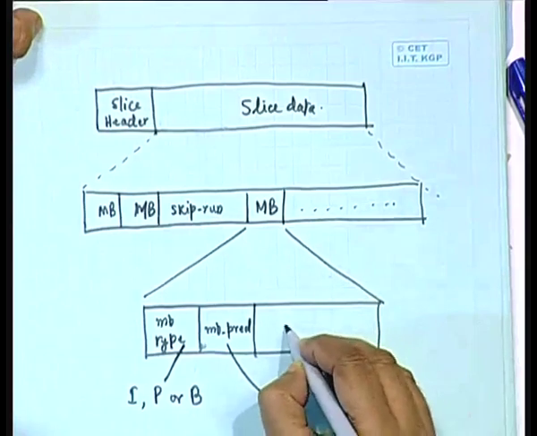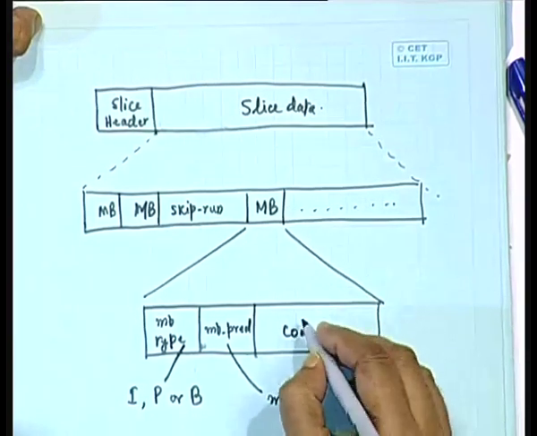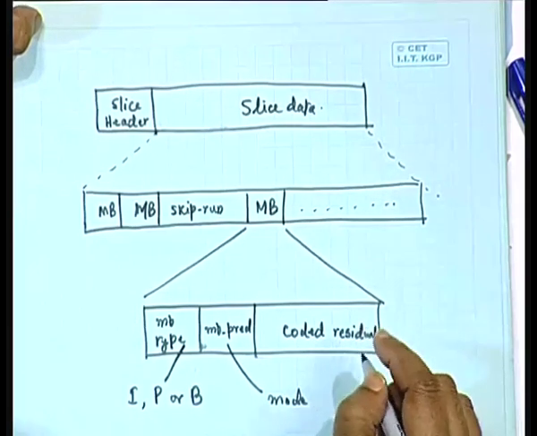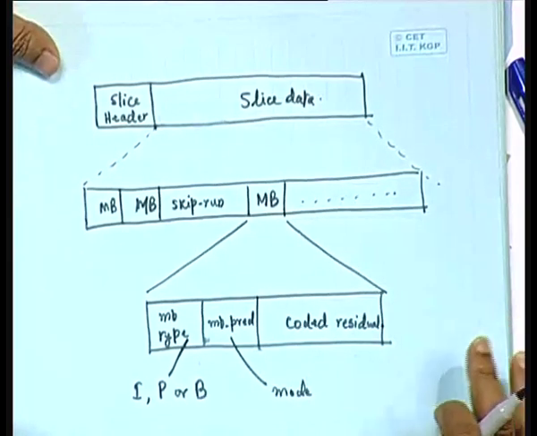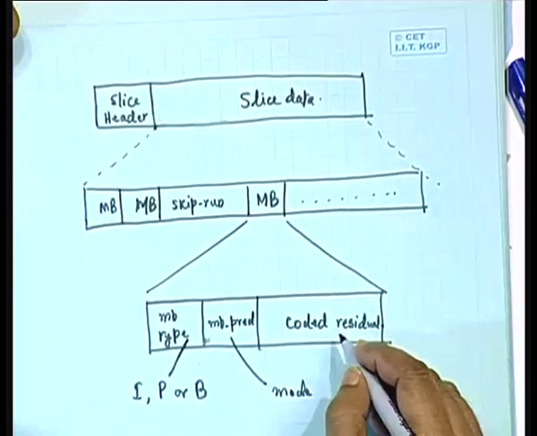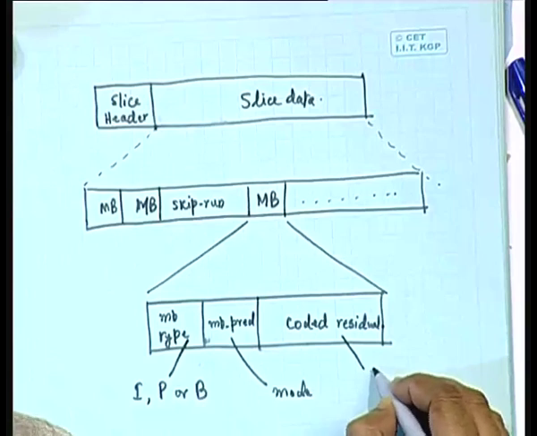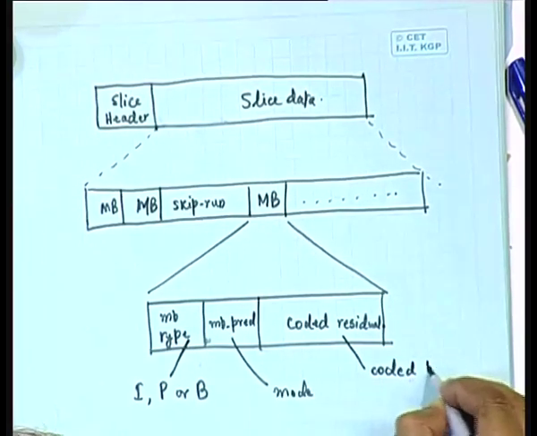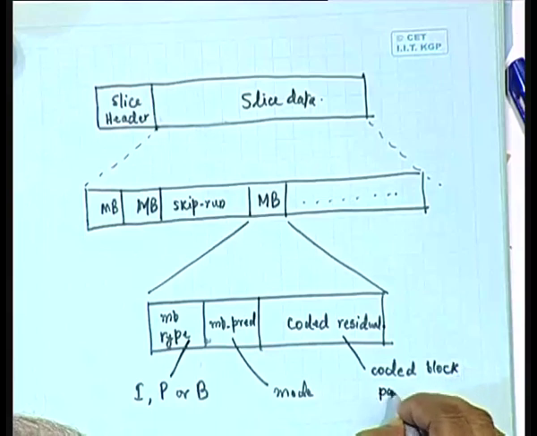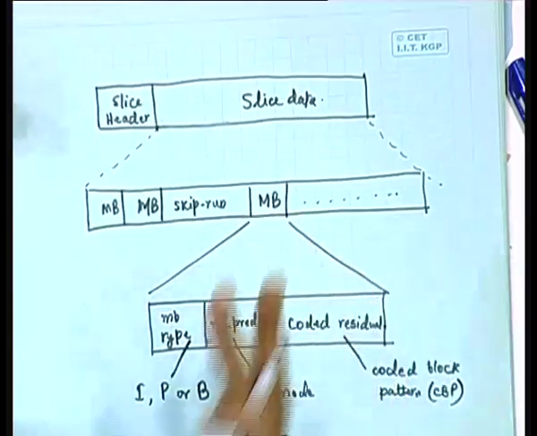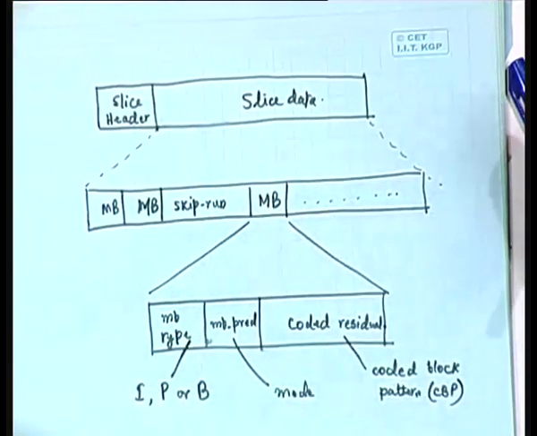Then we have to transmit the residual information. This is the coded residual, and it consists of the coded coefficients, which are represented in the form of what is called the coded block pattern, or in short, the CBP. This is what forms the hierarchical data structure of the H.264 data.